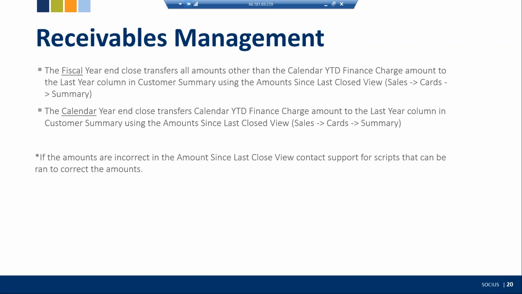That typically would happen if a posting was interrupted and the summary numbers didn't get updated properly from the transactions that were posted through the system. These scripts review all of the transactions for the year and update those numbers for you automatically. If you need those, you just need to talk to your associate's representative.